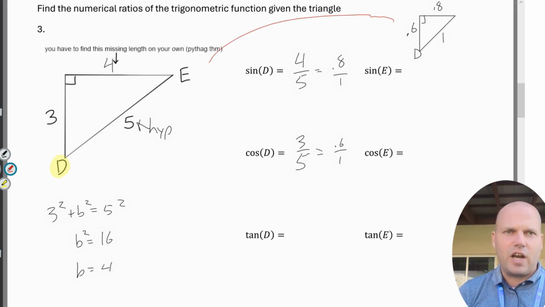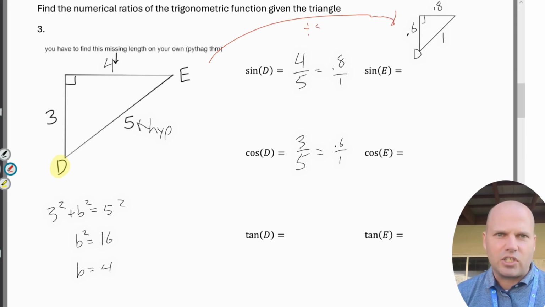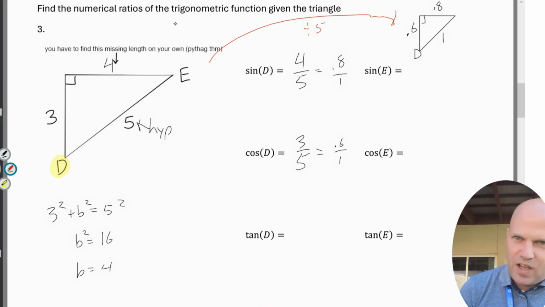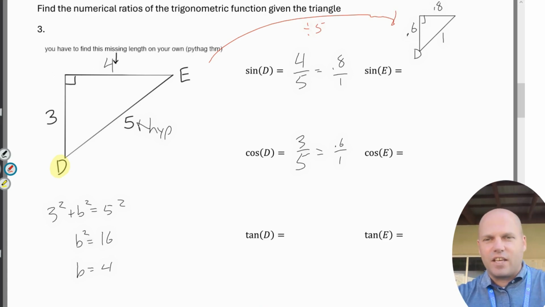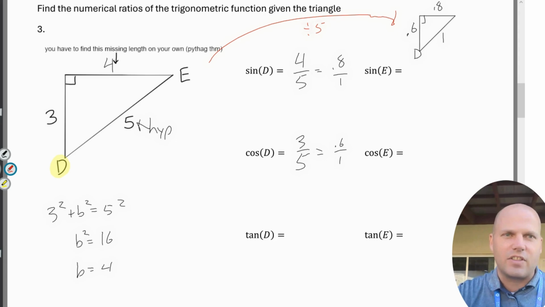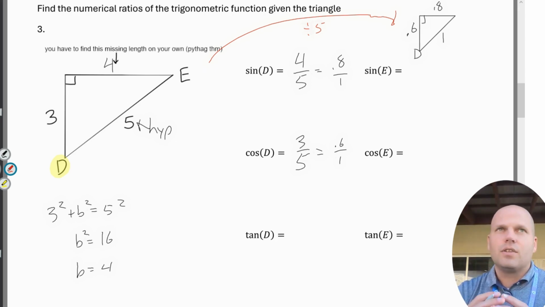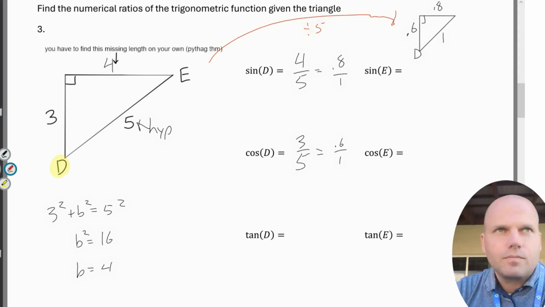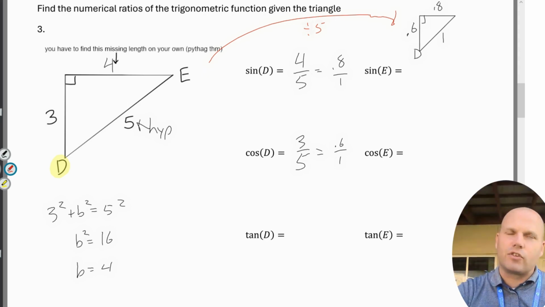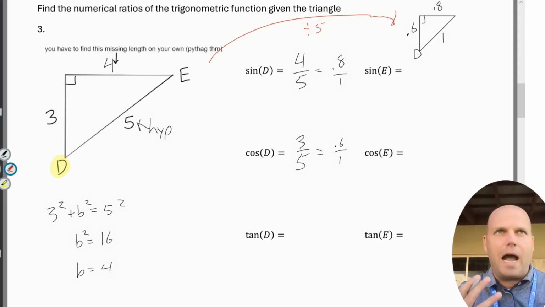Look, this triangle is the same as this triangle. It's just divided by 5. 3 divided by 5. 4 divided by 5. It's kind of like the ratios help you understand the scaling. And now we could take this and scale it. Scaling is very important. And right triangles are very important. So we're just combining the two this unit.